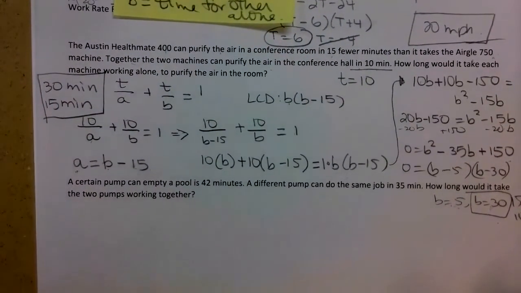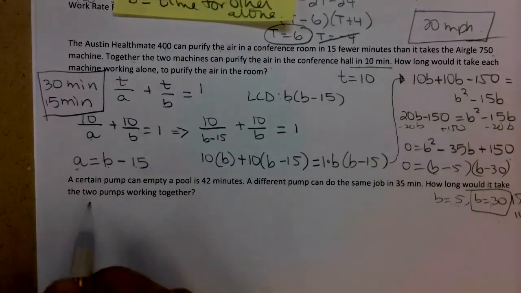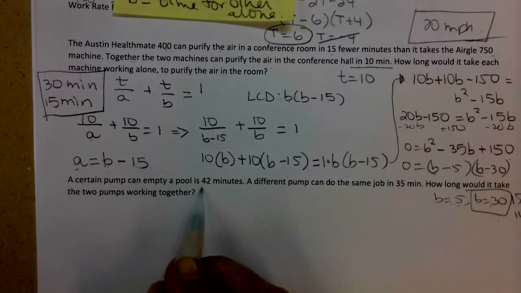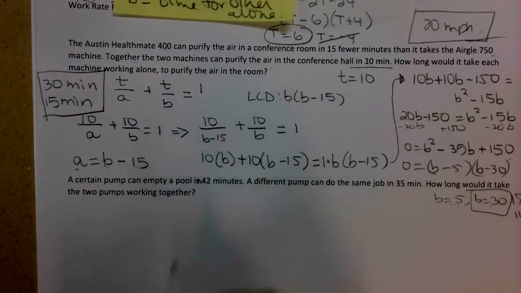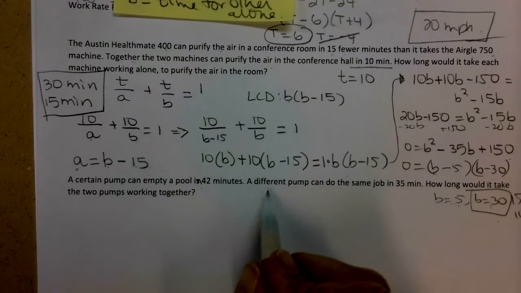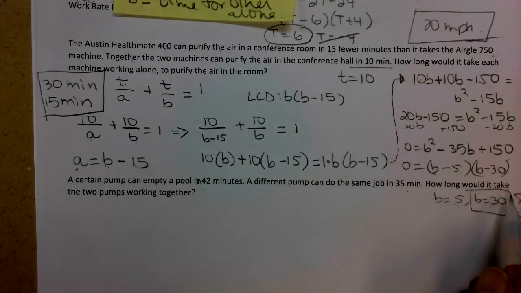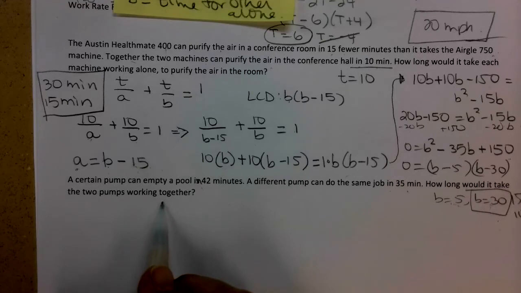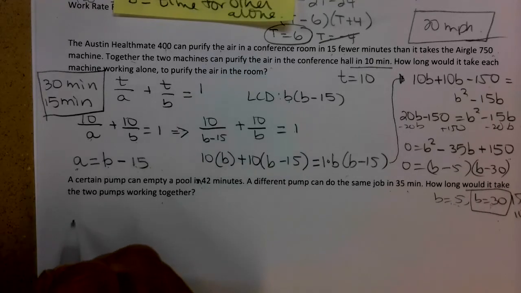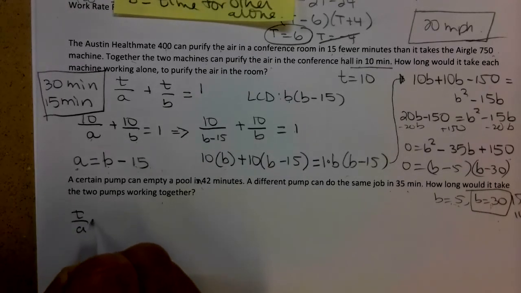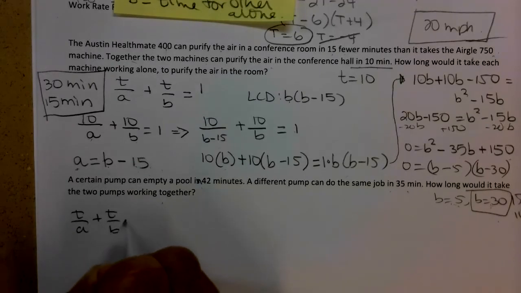Okay, last one. A certain pump can empty a pool in 42 minutes. A different pump can do the same job in 35 minutes. How long would it take the two pumps working together? T over A plus T over B is 1.